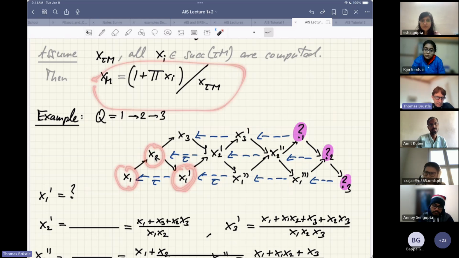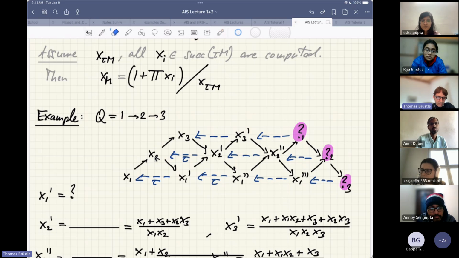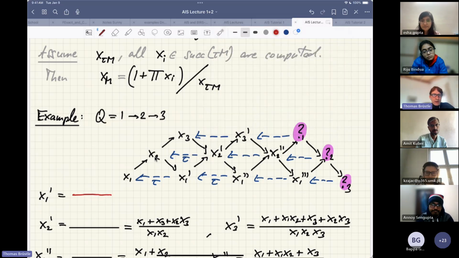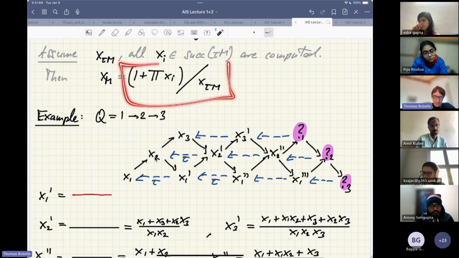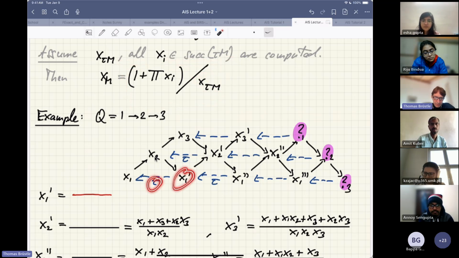Good. So what is the formula telling me for x1 prime? For x1 prime, let me write this in red so you see where I am. So x1 prime would be a quotient of this form. I divide by the tau of x1 prime, so I divide by x1.